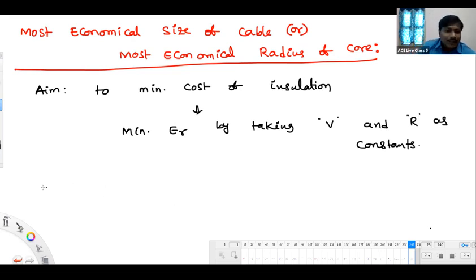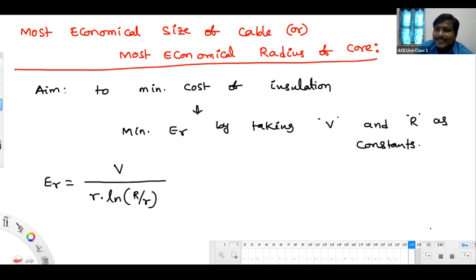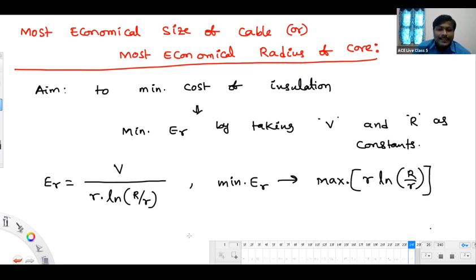Listen. Already I said the E smaller formula is V by small r into ln of capital R by small r. See, minimizing E smaller is nothing but maximizing the denominator.